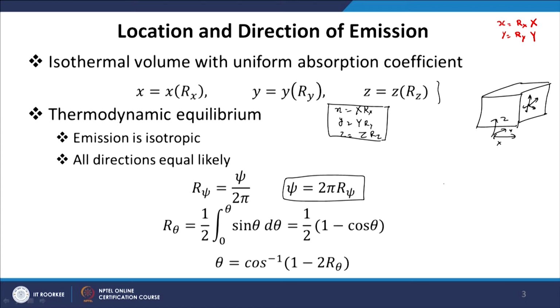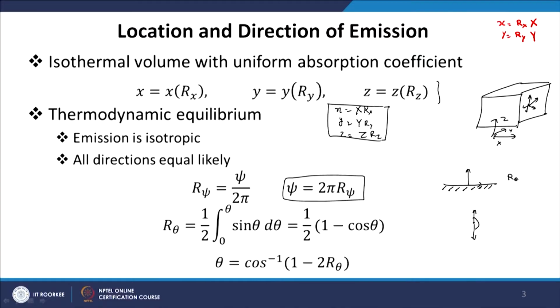The only thing is that for the flat surface the polar angle varies from 0 to pi by 2, while in the medium the polar angle varies from minus pi by 2 to pi by 2, because within the gas a photon may be emitted either in the upward direction or in the downward direction. So, earlier the relation we obtained for a surface was R theta is equal to sine square theta, but in this case we obtain R theta is equal to half of 1 minus cos theta.